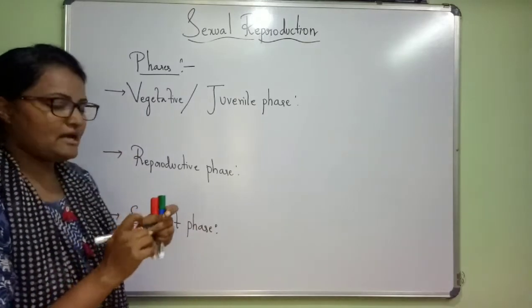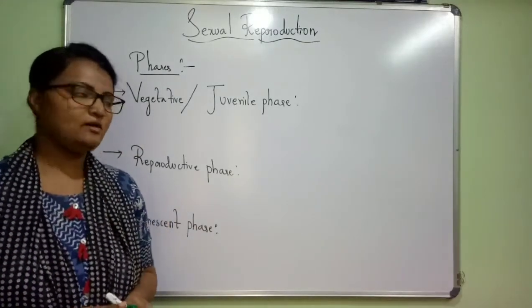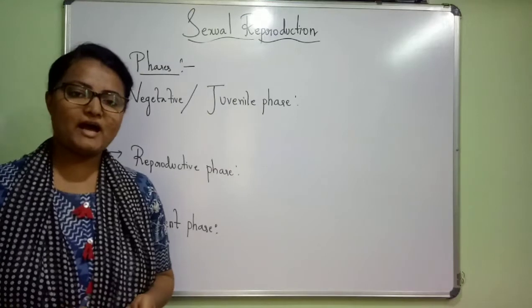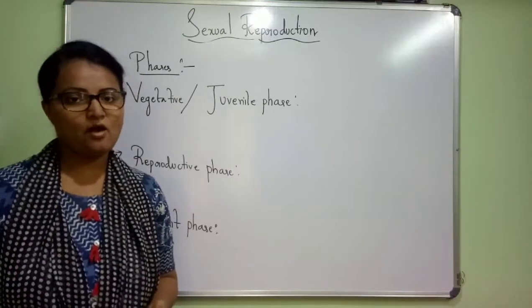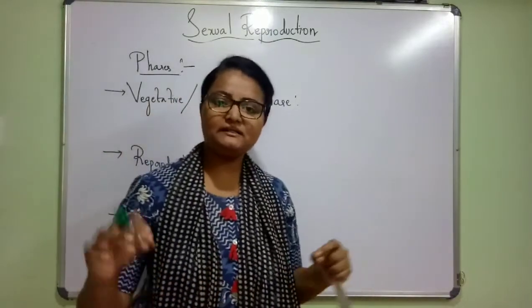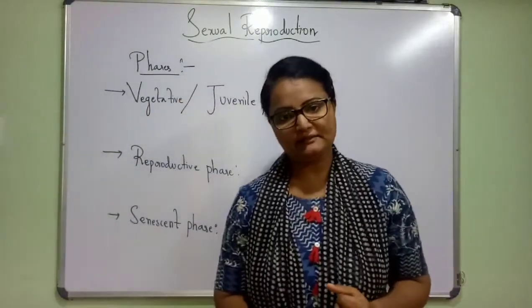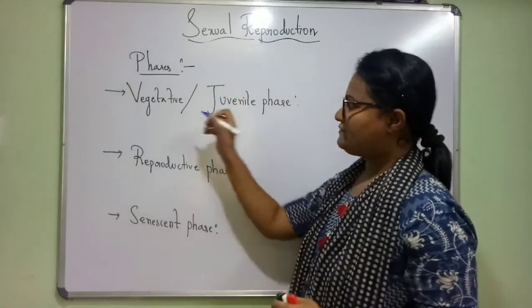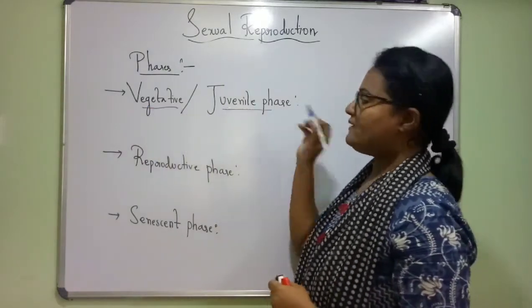So these three are different phases shown by sexually reproducing organisms. This comprises the time from birth till natural death. So the first one, vegetative or juvenile phase.